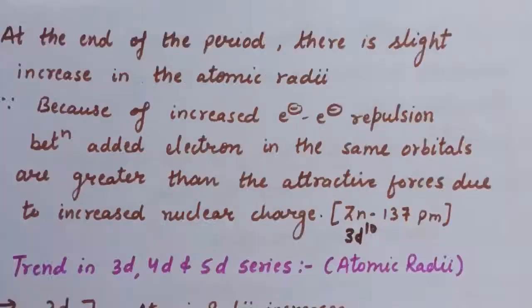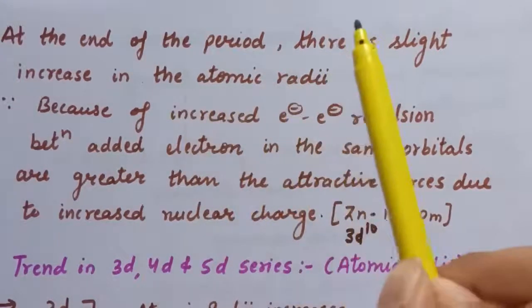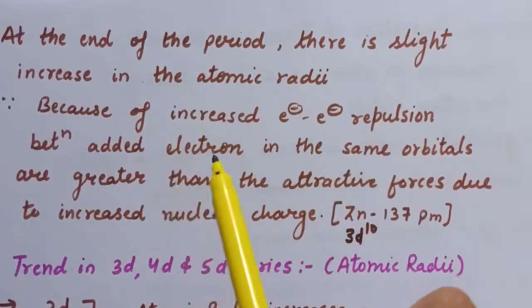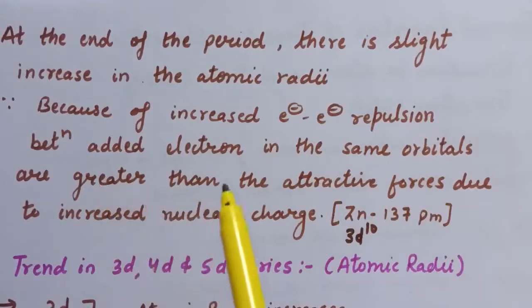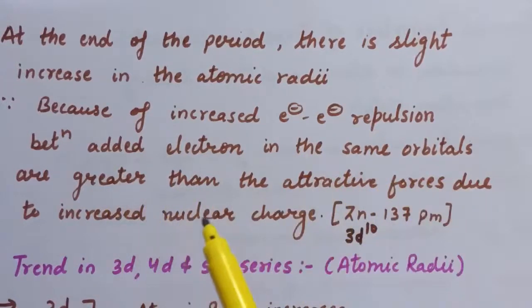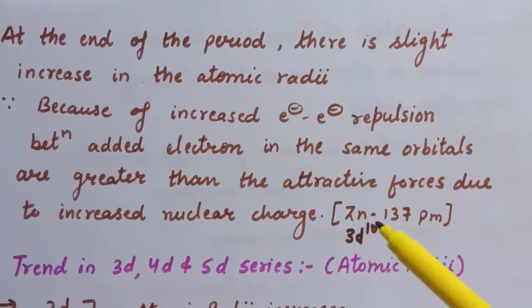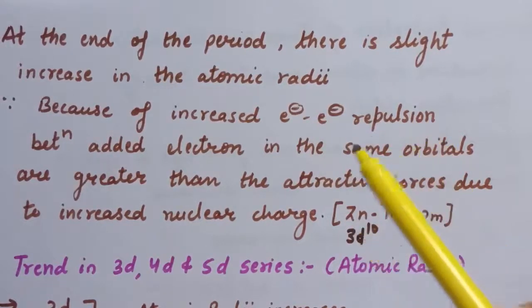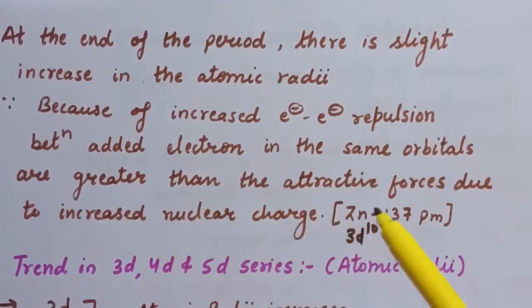And at the end of the series, there is slight increase in the atomic radii because of increased electron-electron repulsion between the added electron in the same orbital, which is greater than the attractive forces due to increased nuclear charge. That is, in case of zinc, here we have 10 electron in 3D, and therefore electron-electron repulsion is more, and this overcomes the attractive forces due to increased nuclear charge, because zinc is the last member.